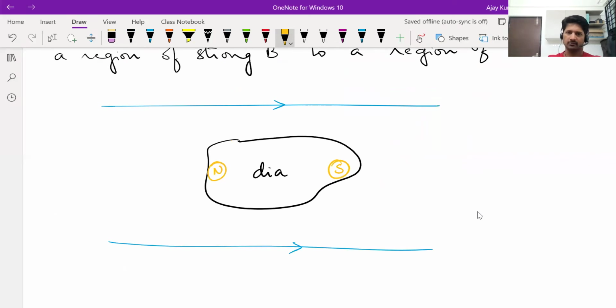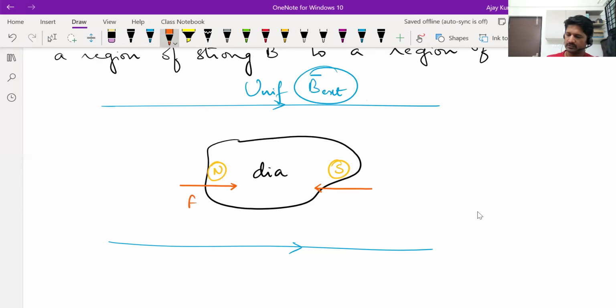I took the external field to the right, so the internal will be to the left. This is how it gets created. North pole, as I said, is like positive charge. It experiences a force in the same direction as the field. South pole is like negative charge. It experiences a force opposite to the field. Since the external field is uniform, this force and this force will have the same magnitude, then the net force will be 0.